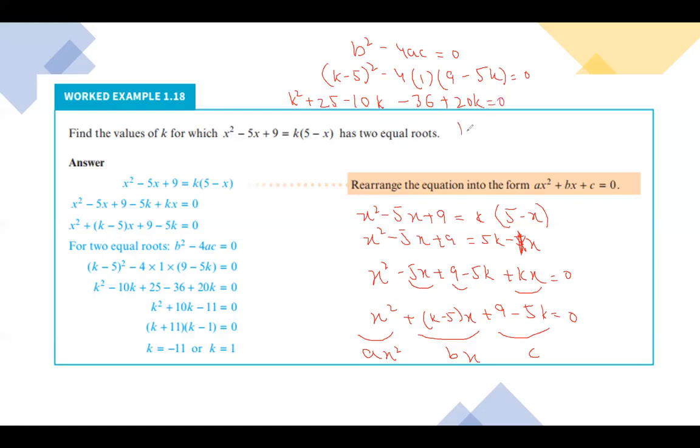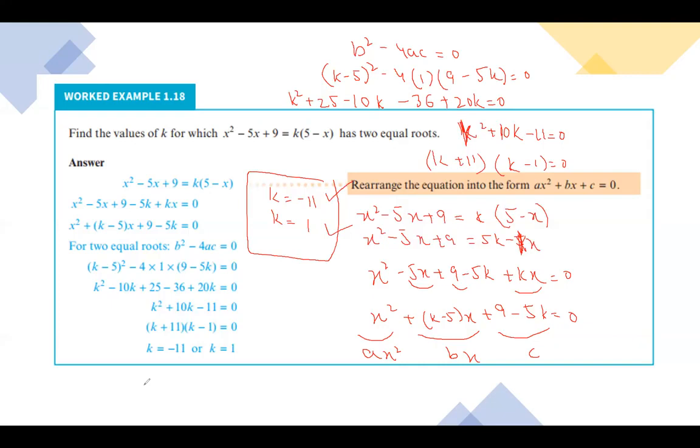After simplifying, k square plus 10k minus 11 equals 0. The factors are k plus 11 and k minus 1 equals 0. So k equals minus 11 and k equals 1. These are the two values of k.